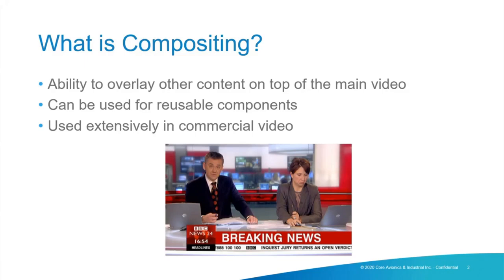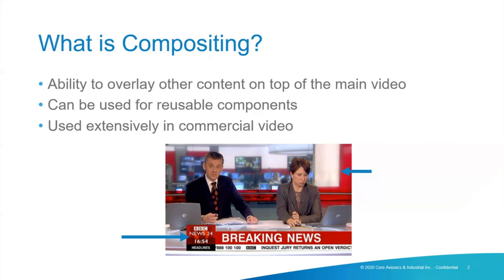But I'll give an example below of a scene that has been composited on the news. If you look at the scene, you can see the main video, the newscaster talking in the background, and then there's a marquee at the bottom with the breaking news.